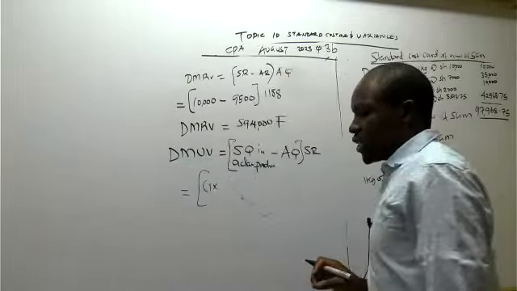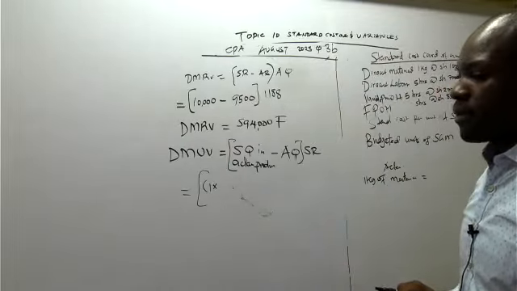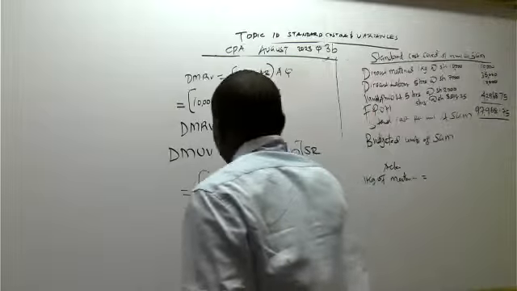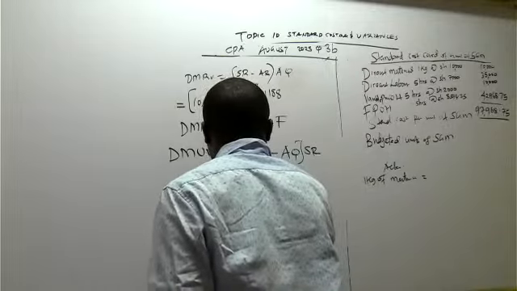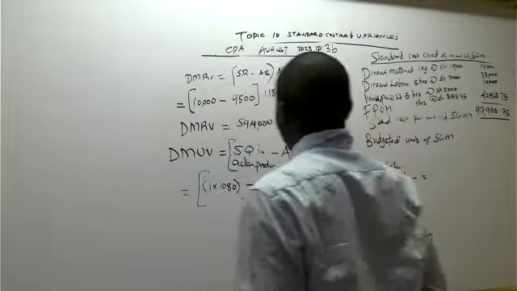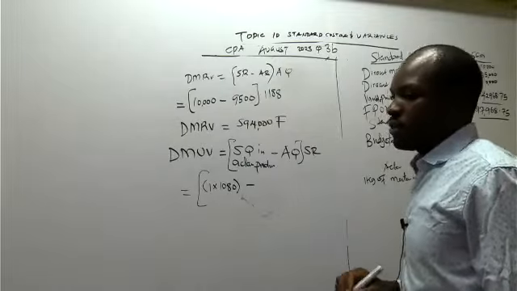What is our actual production of SGM? Actual production of SGM ni ngapi? Actual production ni 1080. Ukifanya hivyo, this one here you are going to compare with actual quantity. What is the actual quantity of raw material which was utilized?